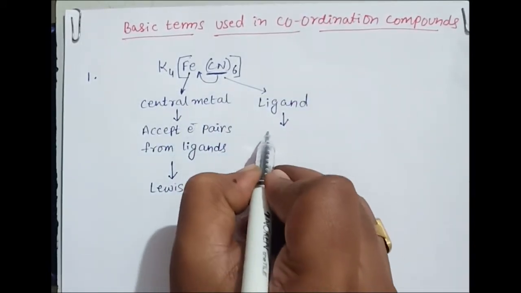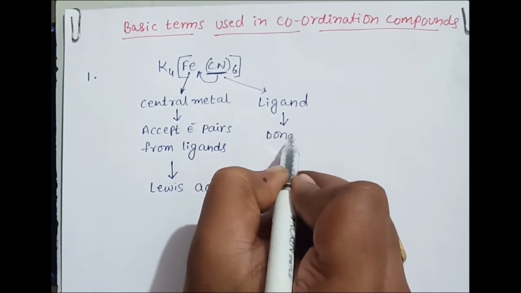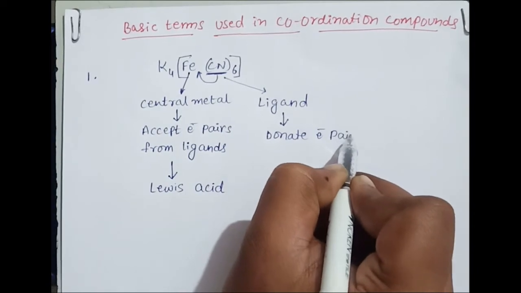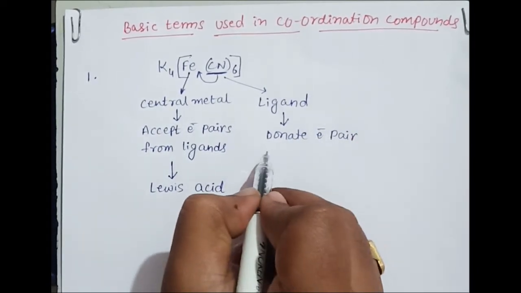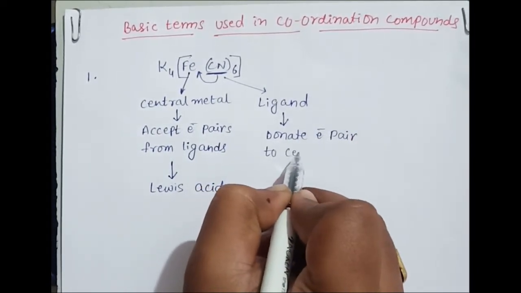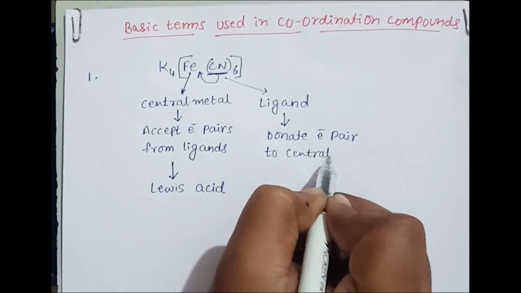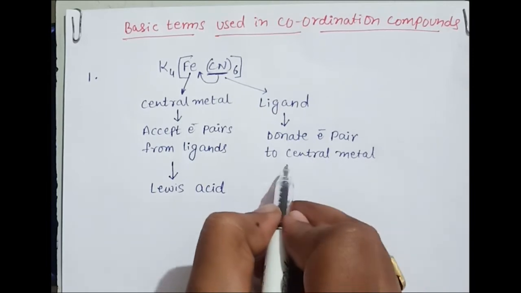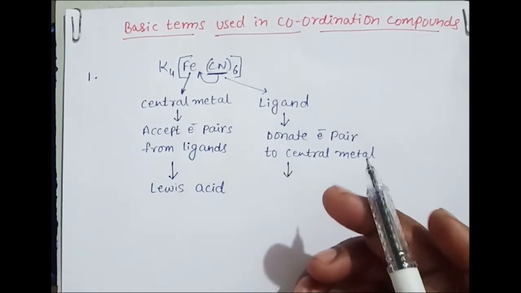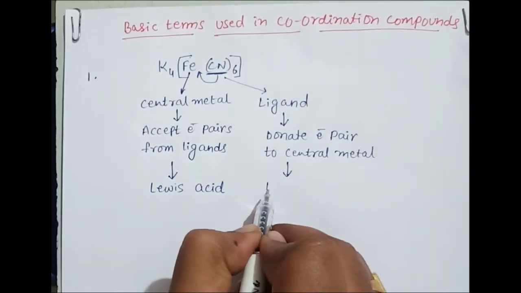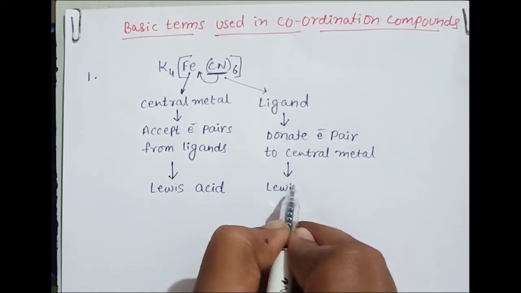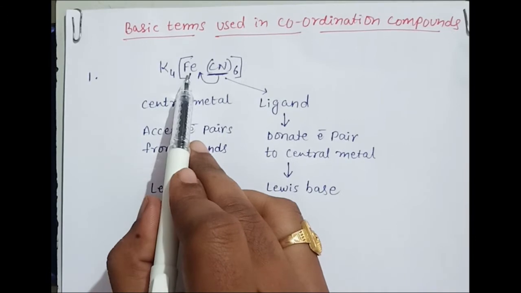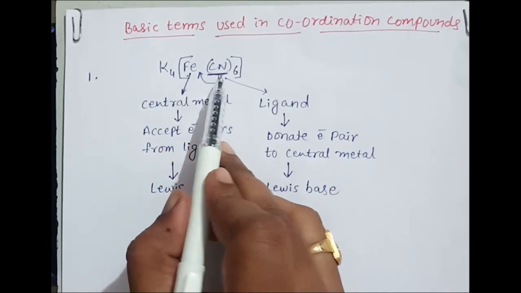It means they donate an electron pair to the central metal. Since they are donating electron pairs, they behave as a Lewis base. Understand this: iron is called the central metal and CN is called the ligand.